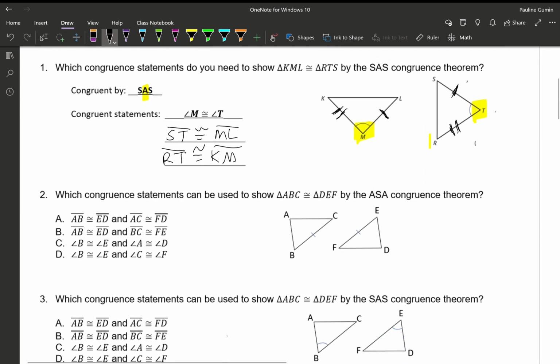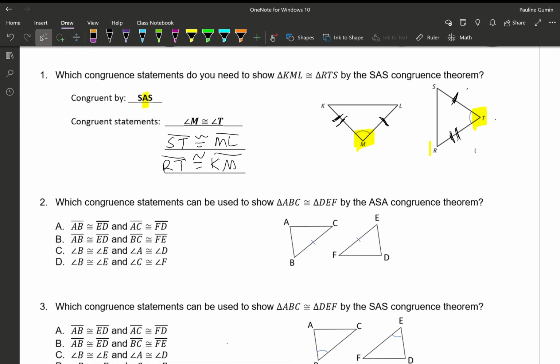All right. Number two, which congruence statement can make these two triangles congruent by ASA? Now we are already given a side. It's this side right here, BC and FE, which means we need two angles. So right off the bat in number two, I can cross A and B off because they only give us sides.